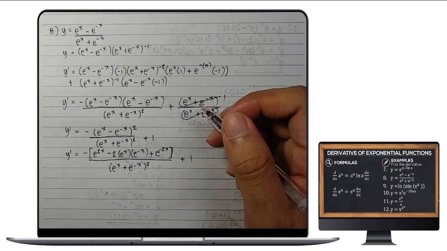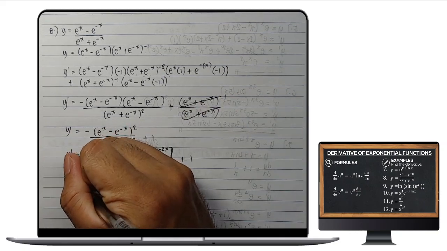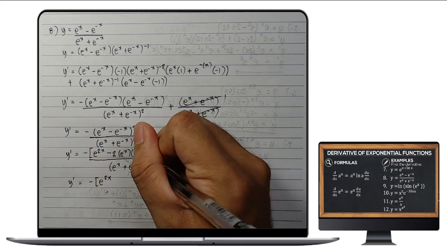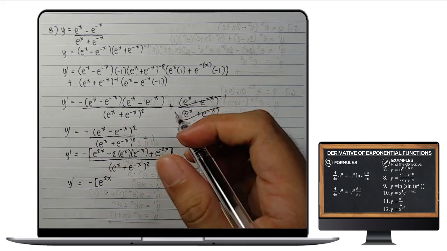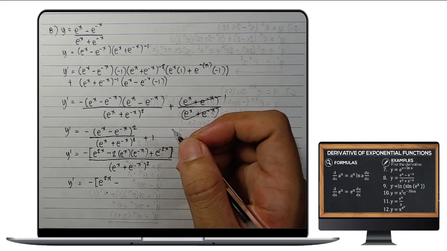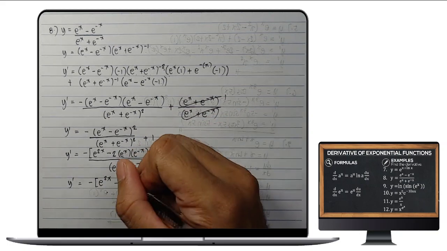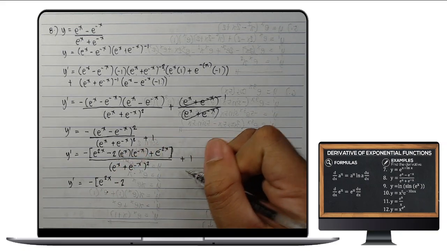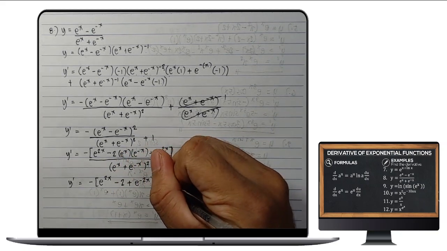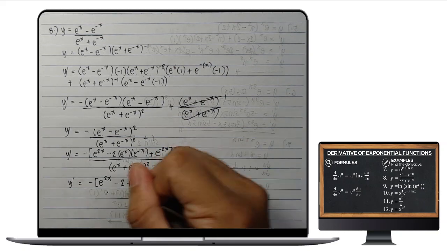So simplifying this, we will have y prime is equal to negative of e raised to 2x. So same base, add exponent, that will be e raised to 0, which is any function raised to 0 has the value of 1. So 2 lang yung matitira dito. Plus e raised to negative 2x. Then plus 1.